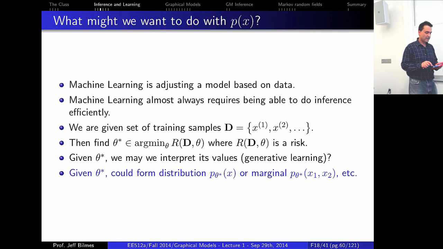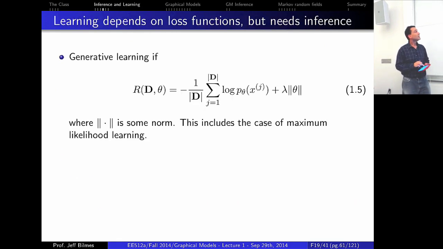Now, what are the different possible risks? There are quite a large number of them. One possibility would be a form of generative learning, where the risk takes the following form. We basically take the average of the log probability of the sample, and maybe we have some regularizer of some sort.